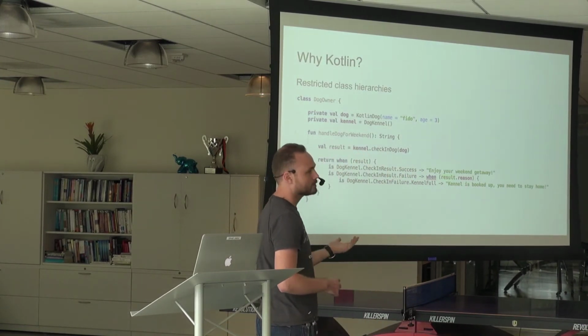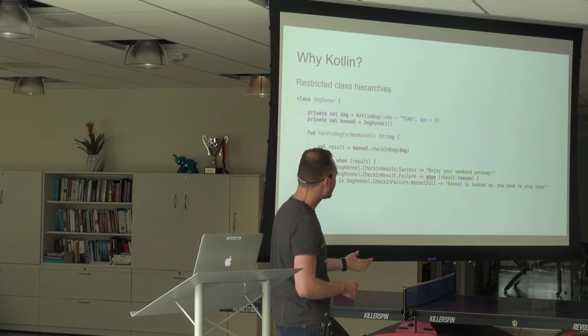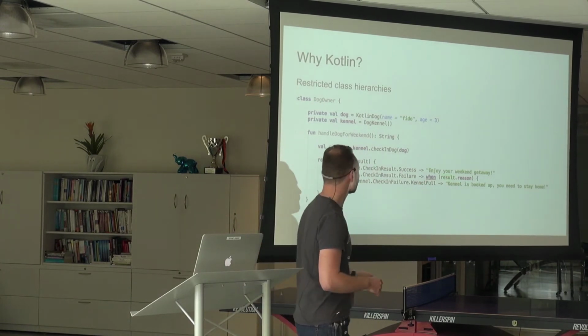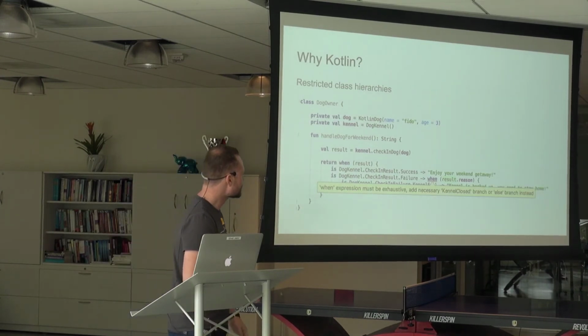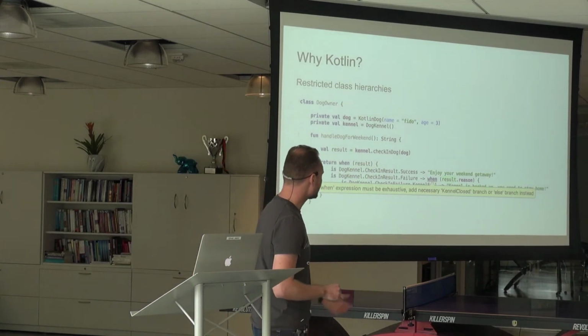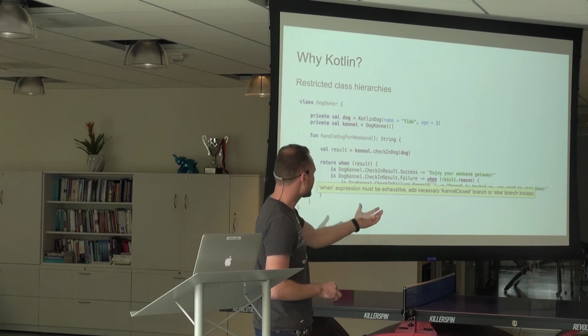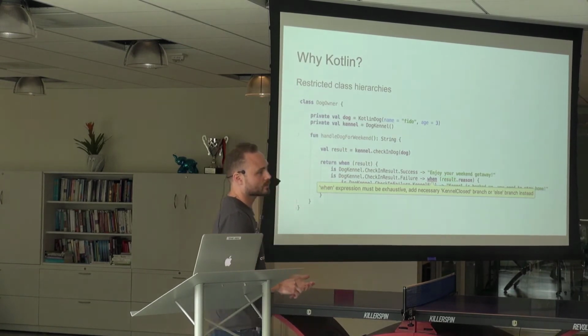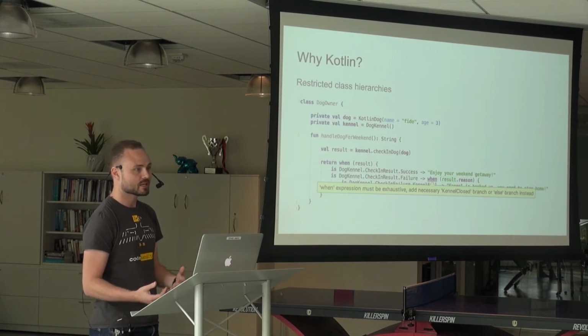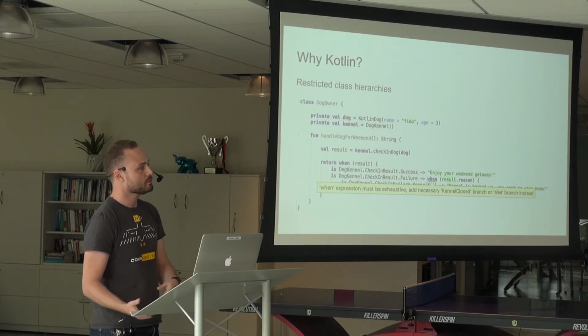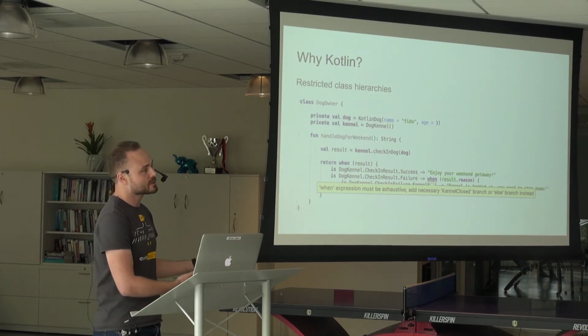But I've got a compile time error here. This red squiggly on the when is because the when expression must be exhaustive. I need to add the necessary kennel closed branch. So by putting my error handling and my business logic in my type system, I'm getting some help from the compiler to ensure that I'm not missing something here.